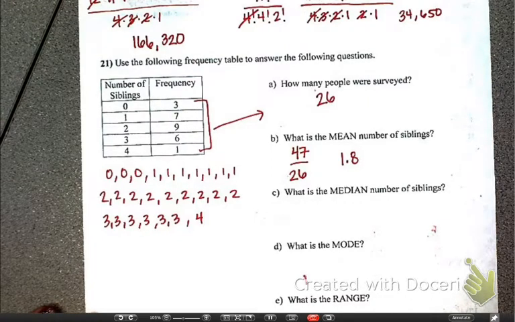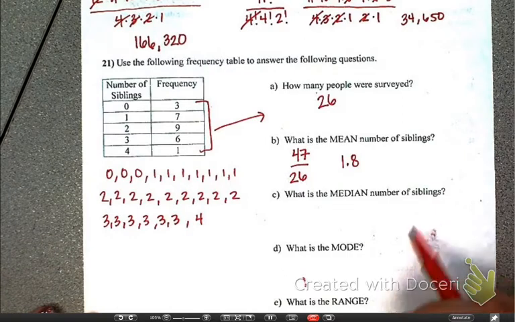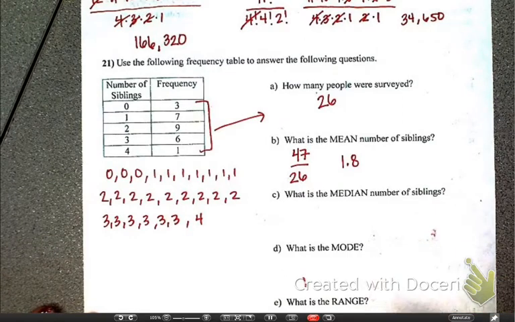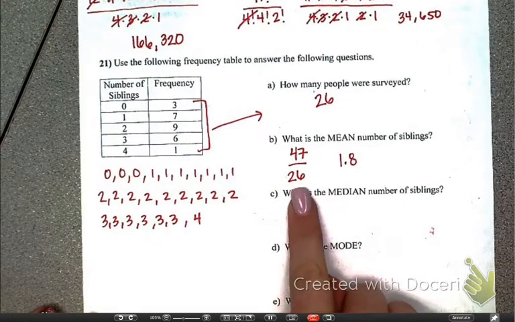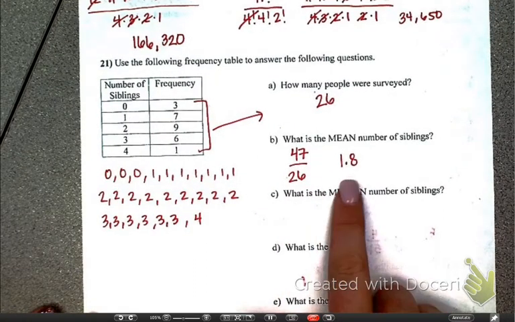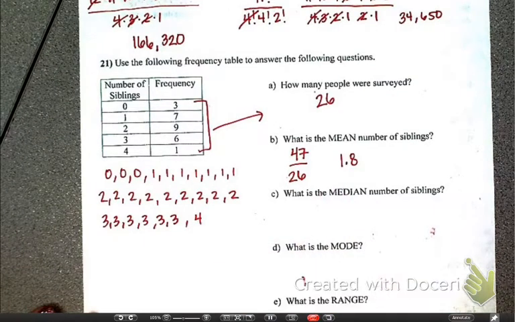That's part of the reason I want to see what you're plugging into your calculator. So Jordan just said she got 1.7. So my guess is that she didn't round. But if she's showing me this step, I'm not going to take off full points for 1.7. If I can see what you're plugging in, and I know you plugged it in and just messed up on rounding, then that's fine.